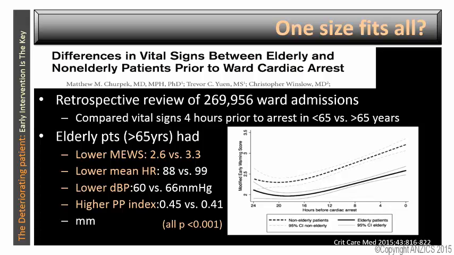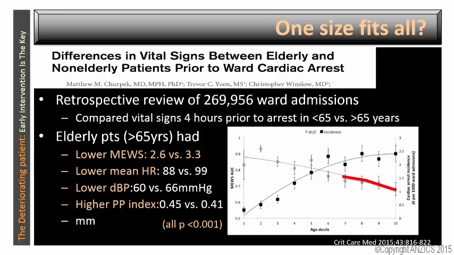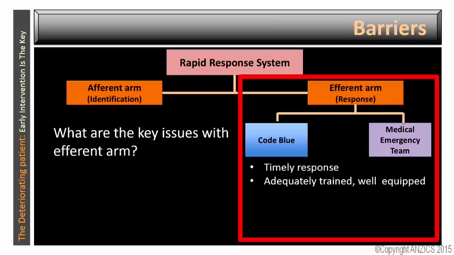They had much lower heart rate, much lower diastolic blood pressure, and much higher pulse pressure index, and this is quite a significant factor as well. And if you look at the area under the curve, as you grow older, the area under the curve to detect an in-hospital cardiac arrest goes down from about 0.78 to nearly 0.6 or something. So it's quite a significant worsening in the sensitivity of this.